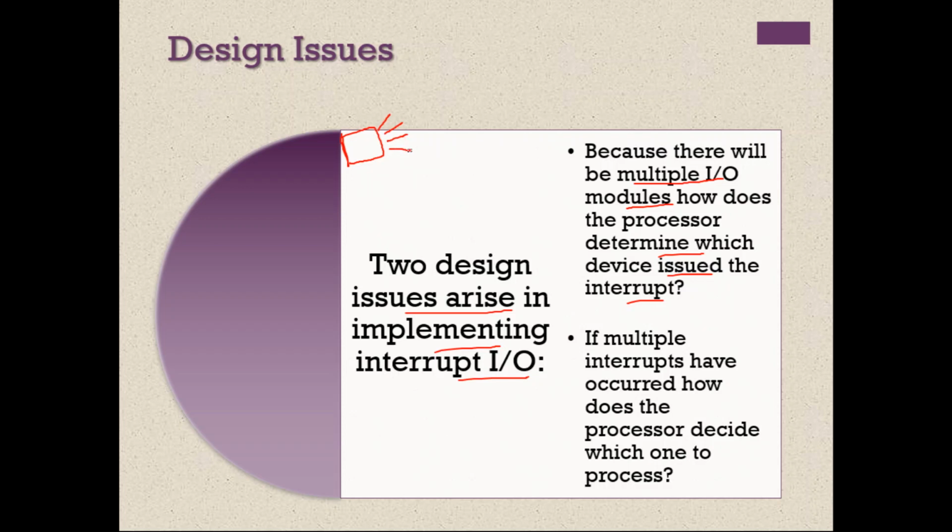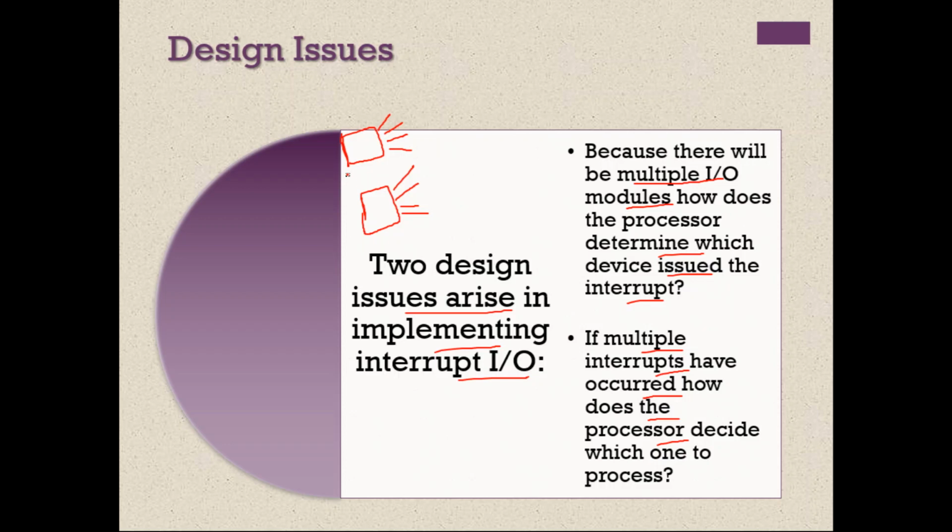So when there is an interrupt stating that a particular operation is completed, how will the processor know which device is issuing the interrupt? This is one issue. The second issue is, if more than one interrupt occurs at the same time, how should the processor decide which one to process first?